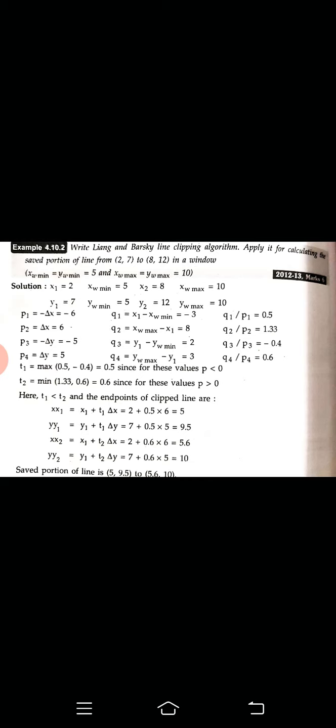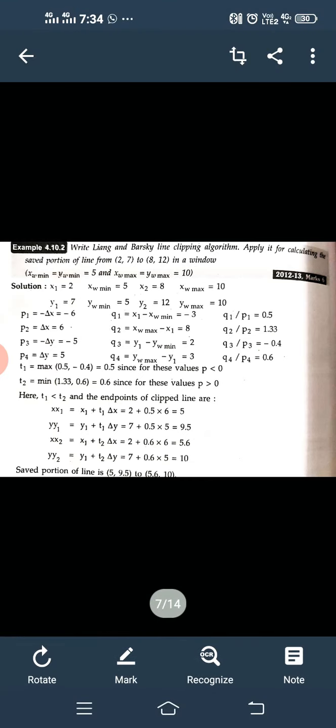The maximum is 0.5. Repeat the same step for p greater than 0. The positive values are p2 and p4, 0.6 and 0.5. So t2 is equal to the minimum. We calculate the minimum of these two values, so we get 0.6.